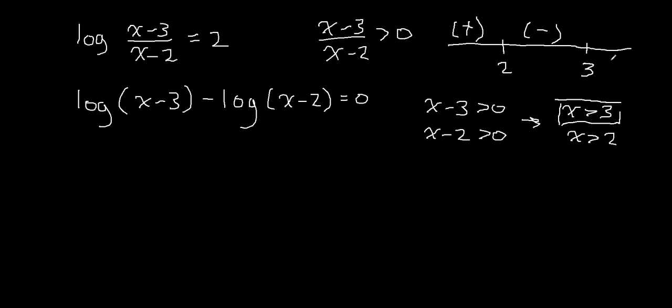And for a number greater than 3, let's try 4. 4 minus 3 is 1, 4 minus 2 is 2, which will give you a positive number, because positive over positive is a positive. So you can see that x values less than 2 and x values greater than 3 will work. So your restriction for this equation is x is less than 2 or x is greater than 3.